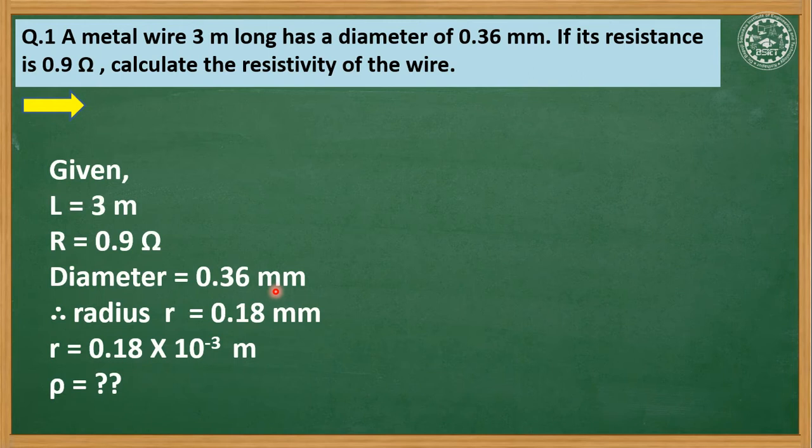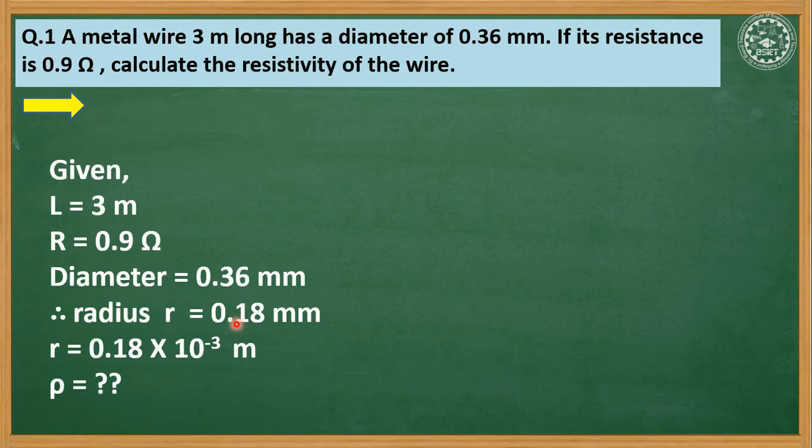But the thing which we require in our formula is radius. So from diameter we can easily calculate the radius. So radius R is equal to 0.18 mm, means 0.36 divided by 2. Half of a diameter is a radius.